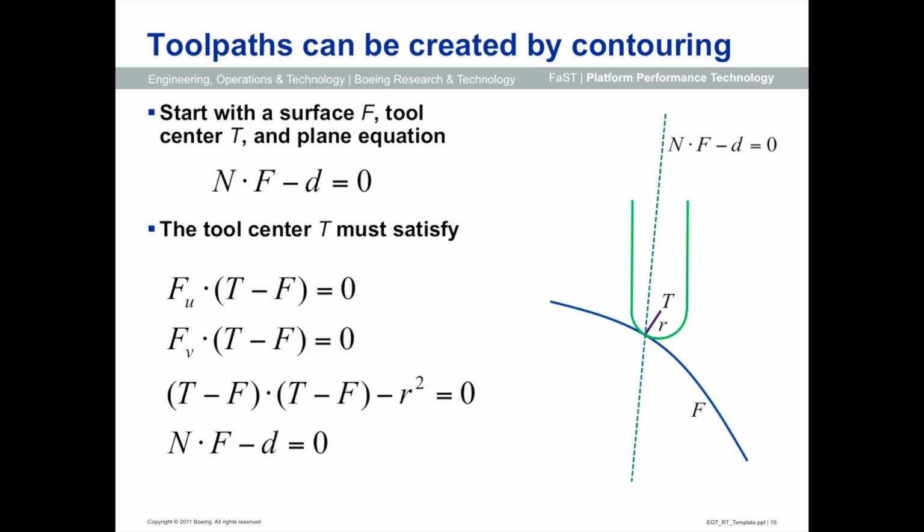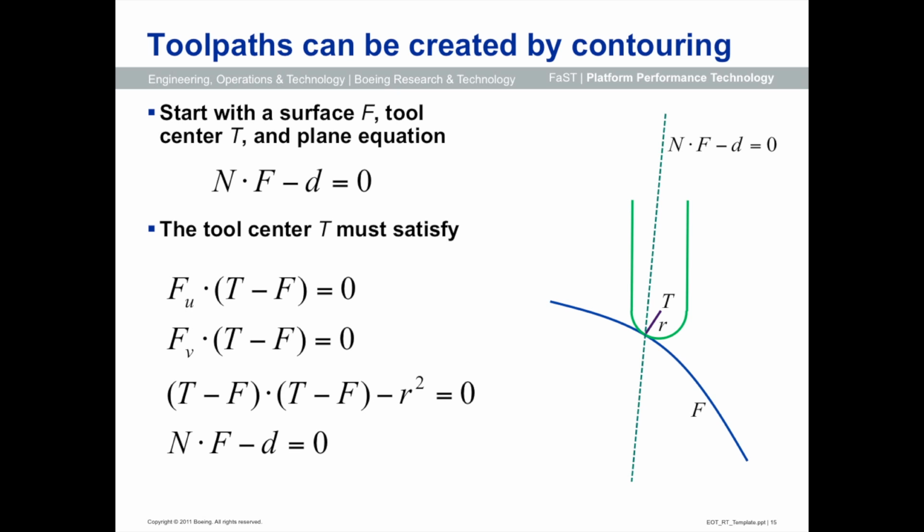Here is the equation of the plane. This is some fixed constant n. If I take the dot product, that n is the normal to the plane that I'm using to cut the surface. So here's the equation of the plane.